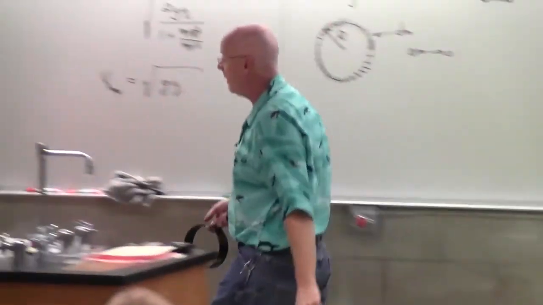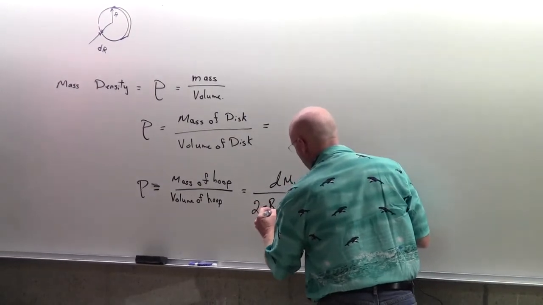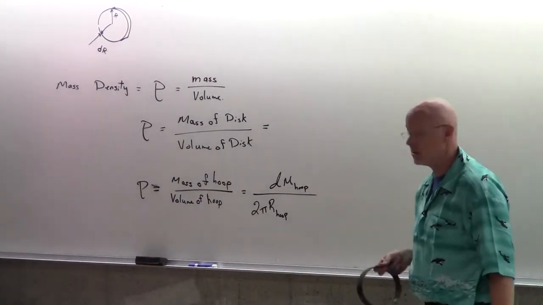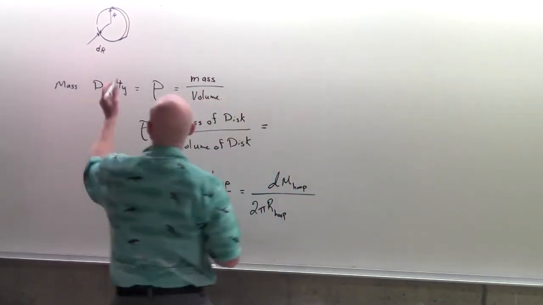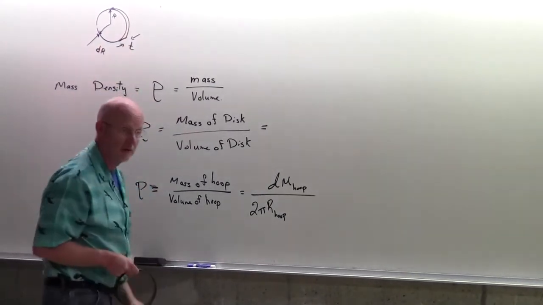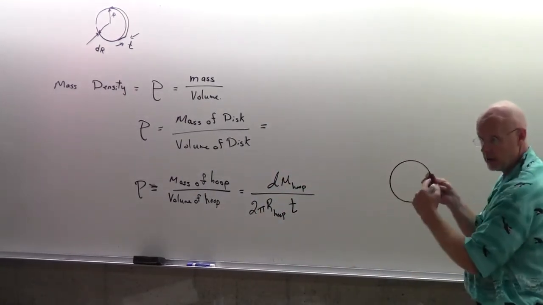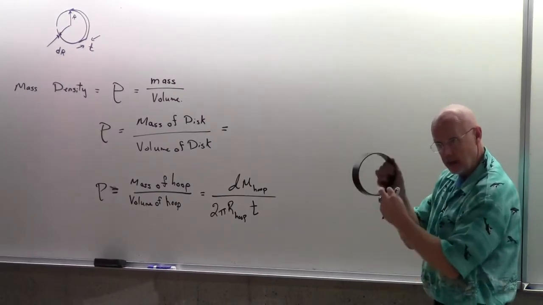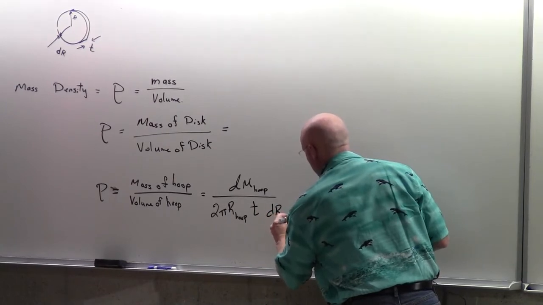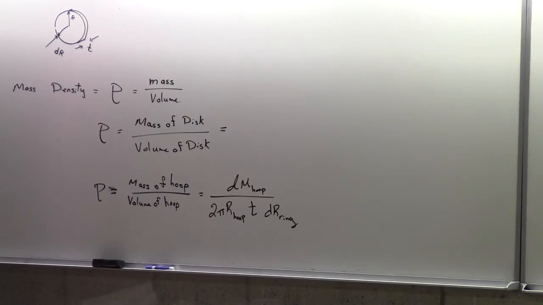And so my volume of a disk would be 2 pi r for that hoop. So there's the circumference. If I said this thing had a thickness of t, then I'll put a little t for the thickness. So I've got circumference, I've got thickness, and I've got width. That would be the dr for that particular ring.